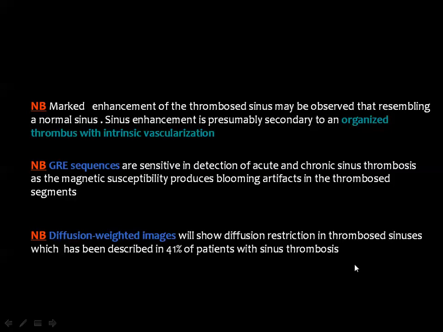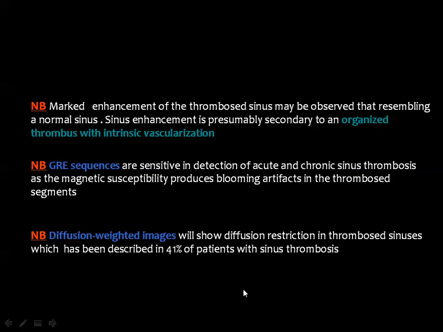inside the sinus. And also the gradient sequences are sensitive to detect the acute and the chronic sinus thrombosis, because in the acute thrombus, the sinus will appear black in the T2 weighted image, and in the chronic thrombus, hemosiderin, the sinus will appear black also. In order to differentiate between the blackness of flowing blood and the blackness of acute and chronic thrombi, you may use the gradient images.